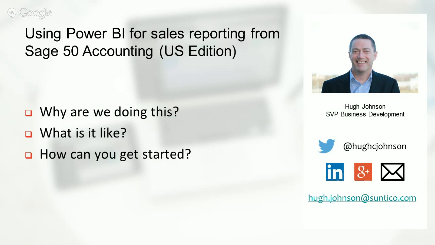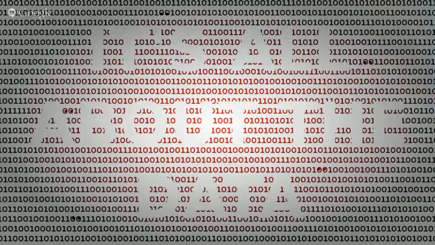So firstly, why are we doing this? It's very simple, because if you look around most implementations of business intelligence, an awful lot of them struggle with the data. And at the end of the day, any reporting, any analysis, any business intelligence in any company is all about the data.